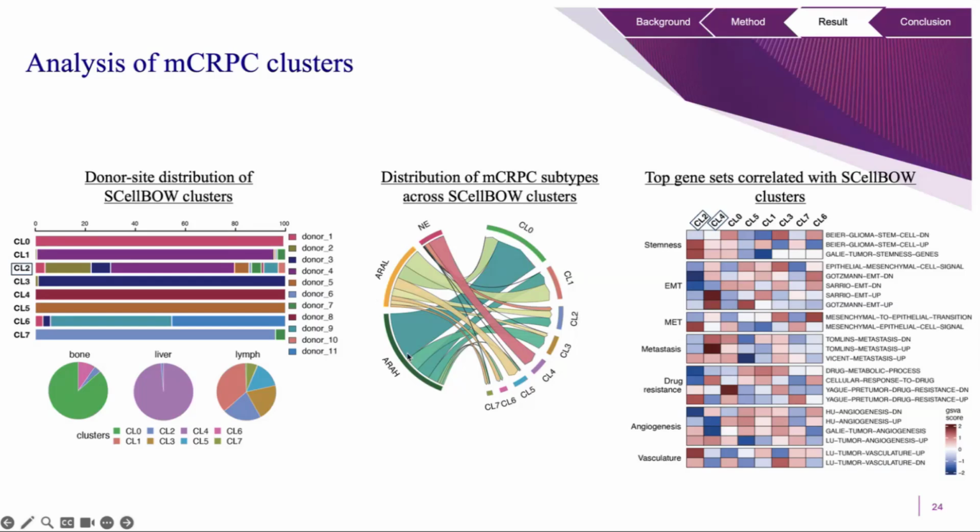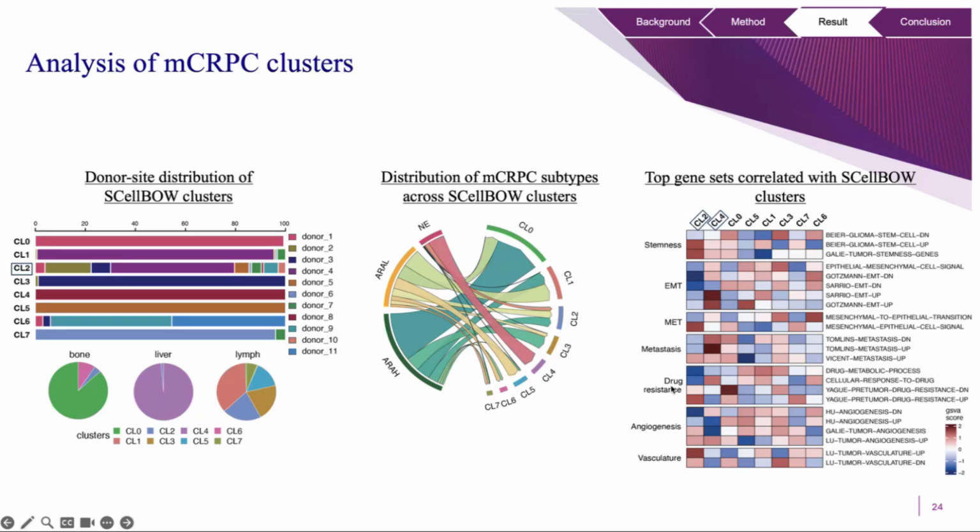Furthermore, when we did the gene set correlation analysis, we saw this particular cluster is highly involved in stemness, which shows that it is playing a role in metastasis, as well as EMT, the epithelial to mesenchymal transition.